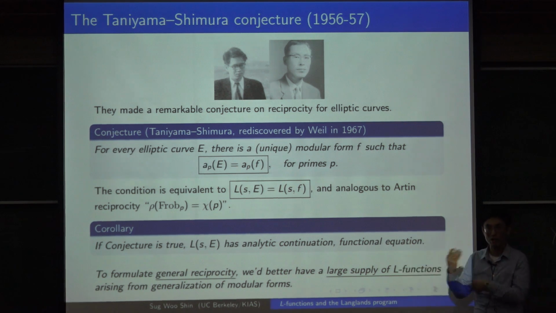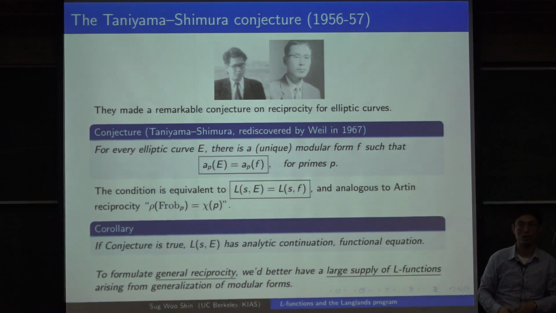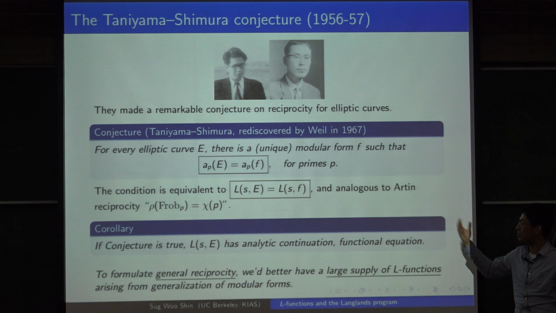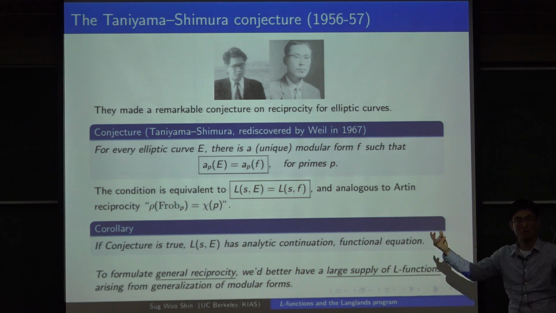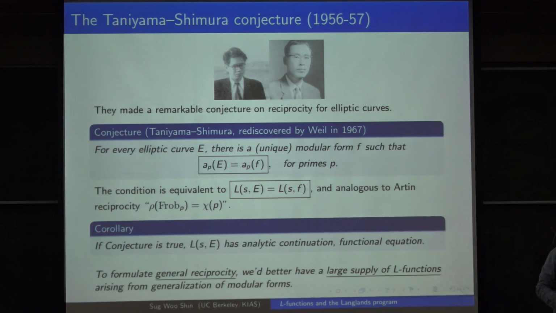You need a way to generate more L functions to account for other kinds of algebraic varieties, right? So for elliptic curves, modular forms were enough to explain them. But if you consider other types of equations, then you need some other kinds of L functions, coming from maybe something more general than modular forms, so that you can see this kind of reciprocity.